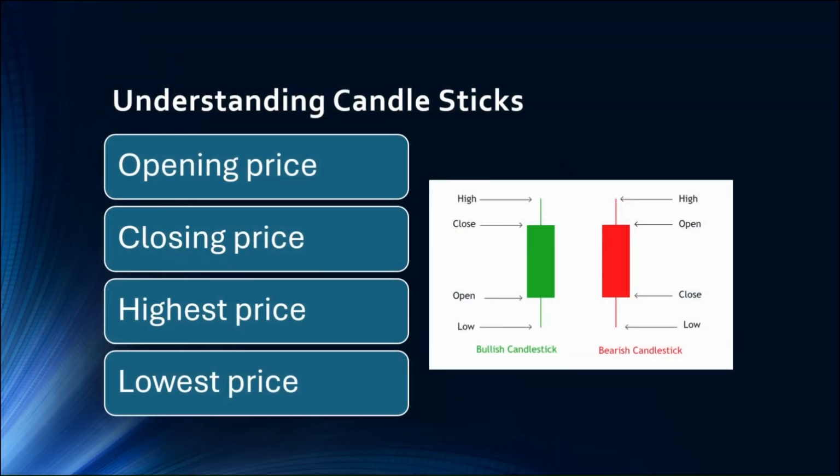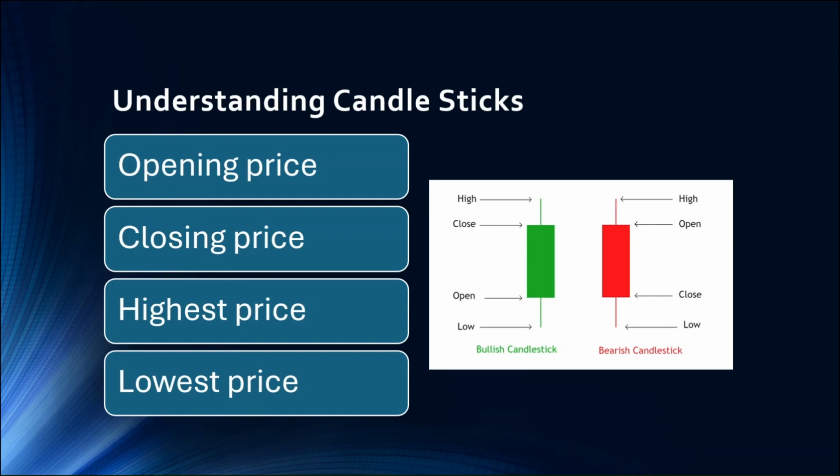Okay, so understanding candlesticks. What is a candlestick and how do you read it? It's quite simple. If you see candles, each has four things: open, high, low, and close. So what are these things, and what is bullish or bearish, and how do you read it? Green usually means price closed higher than it opened.